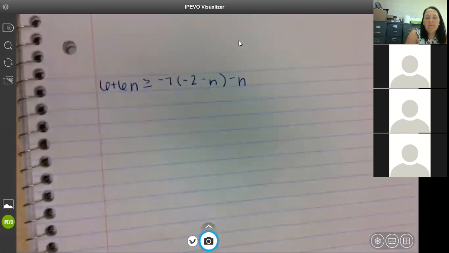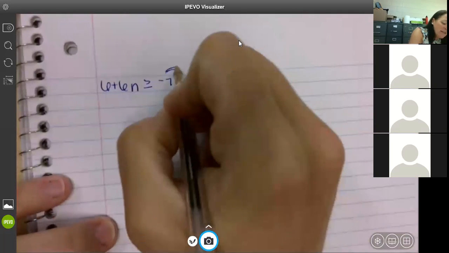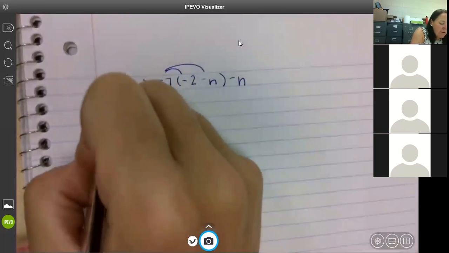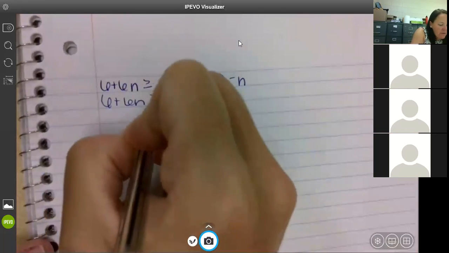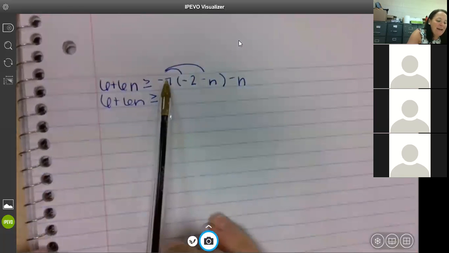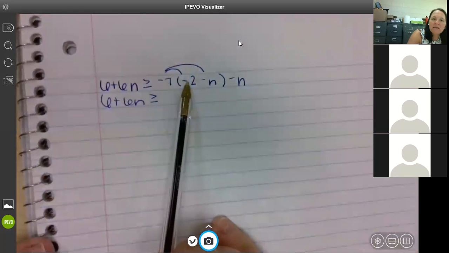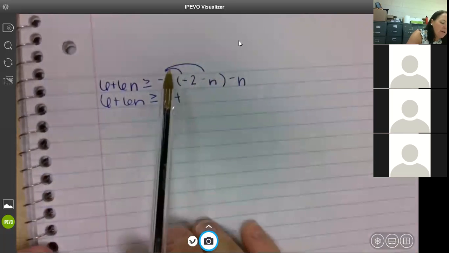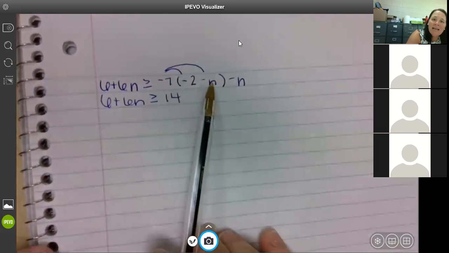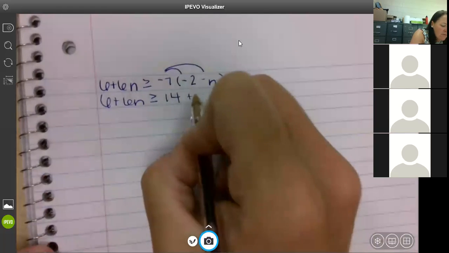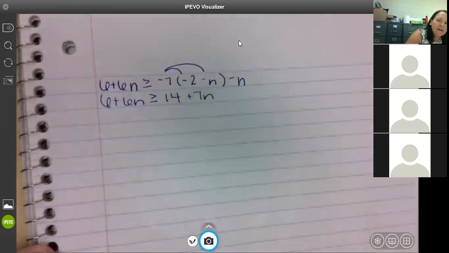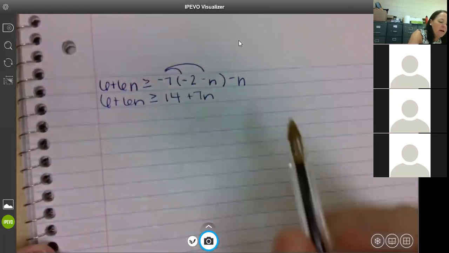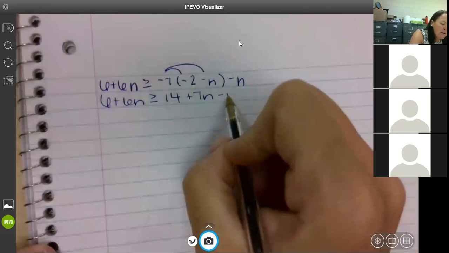Multiply by that negative 7. Make sure you put the negative in there. So we have 6 plus 6n greater than or equal to. Negative times a negative makes a positive. 7 times 2 is 14. Negative 7 times negative n makes a positive 7n. And then we have a minus n on the end.